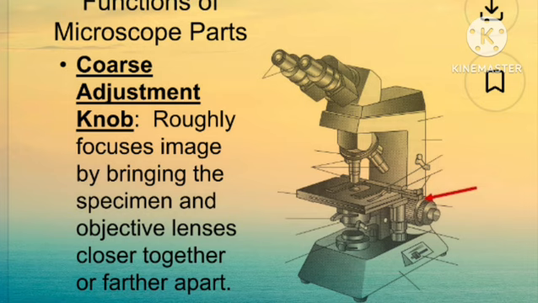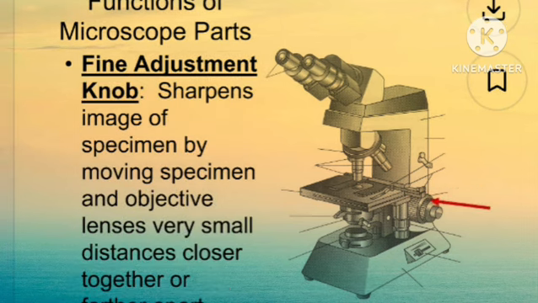Okay. And next, the coarse adjustment knob. It roughly focuses images. And next, the fine adjustment knob. It adjusts the sharpness of the image of the specimen, moving the specimen and objective lens very small distances.